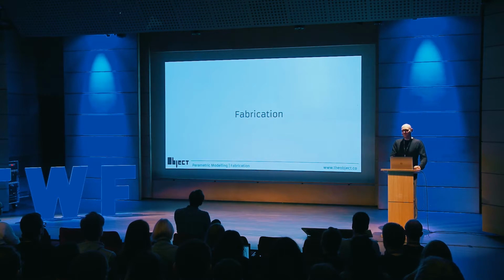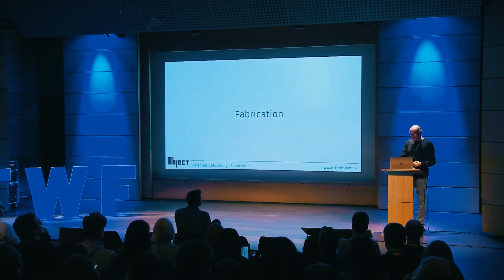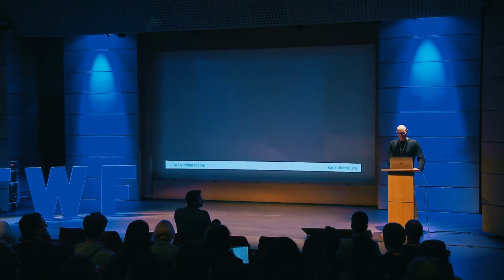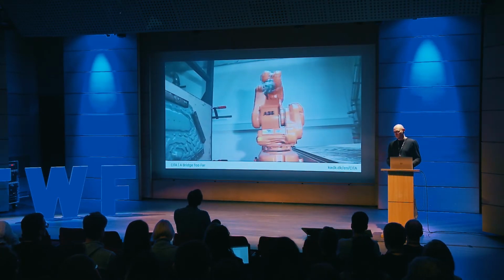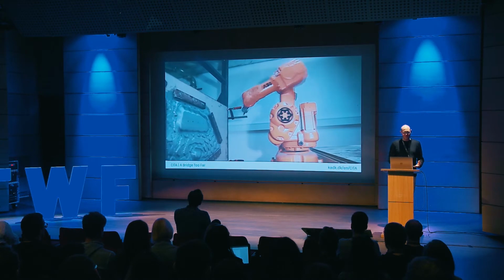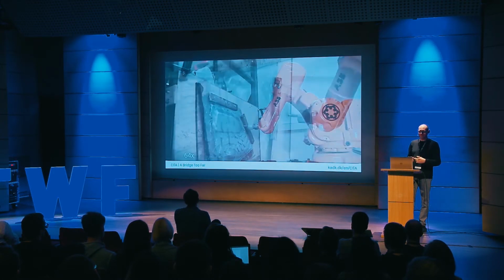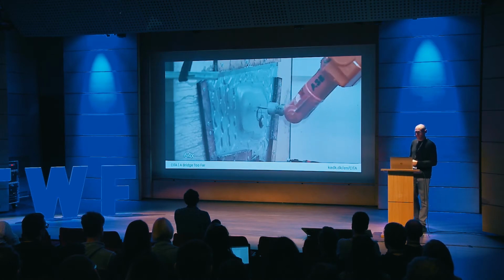Okay, so once we have the documentation, then we have all the drawings. We go to the manufacturer and we ask him to do it for us. And we can of course think about classical fabrication and all the carpenters and all the people actually involved in the process. But I would like to point you to these new, still emerging methods of fabrication, which is robotic fabrication and CNC fabrication.